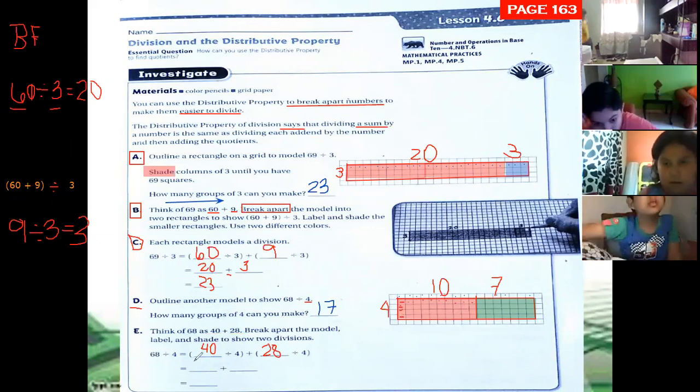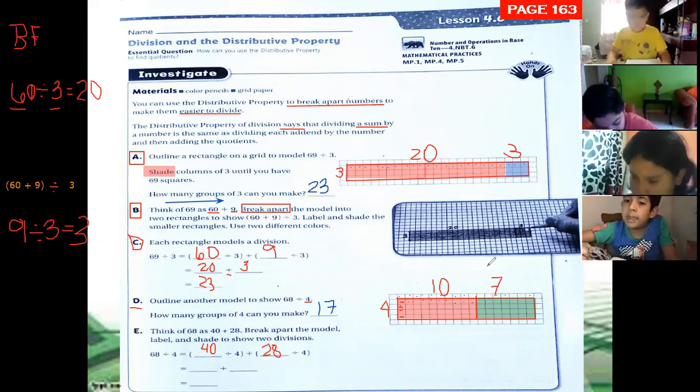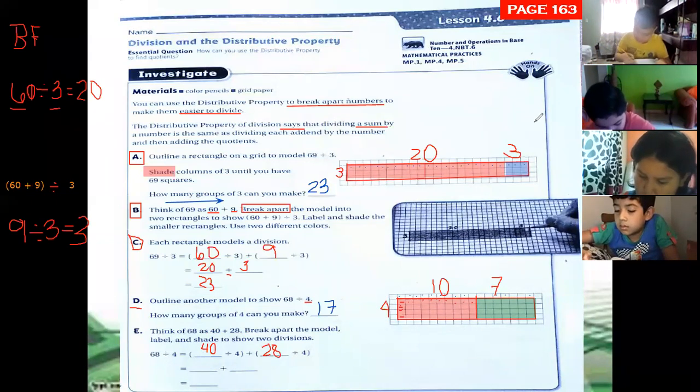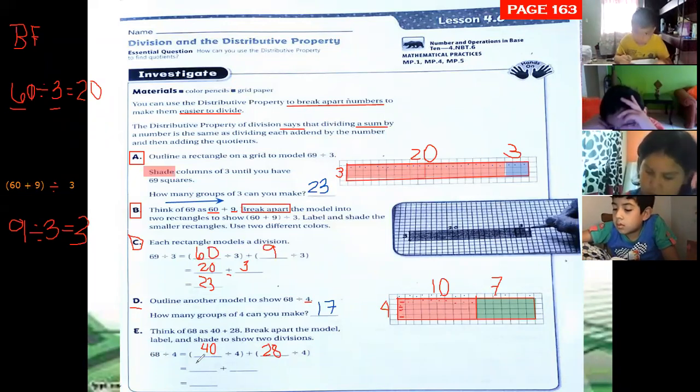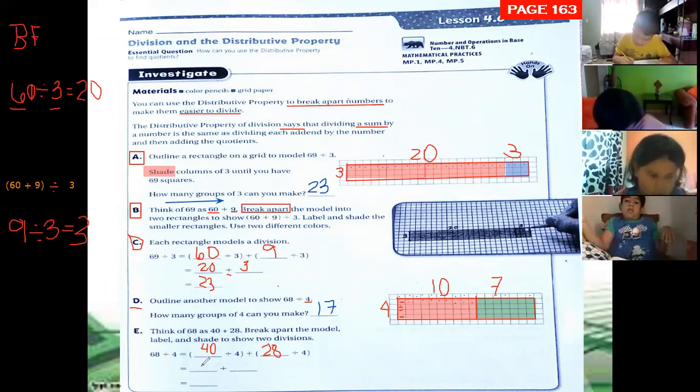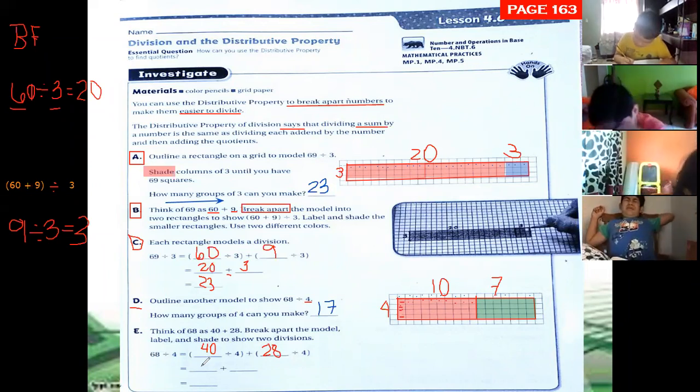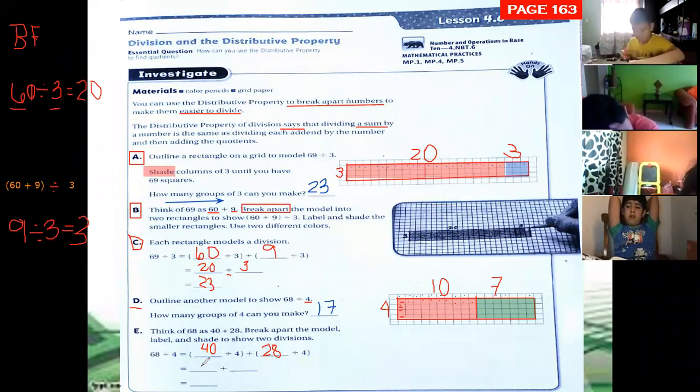Again, Daniel, you were not in your shed again. 40 divided by 4, guys. 4 times 8? Equals 10. 10, exactly. 4 times 10 equals 40.